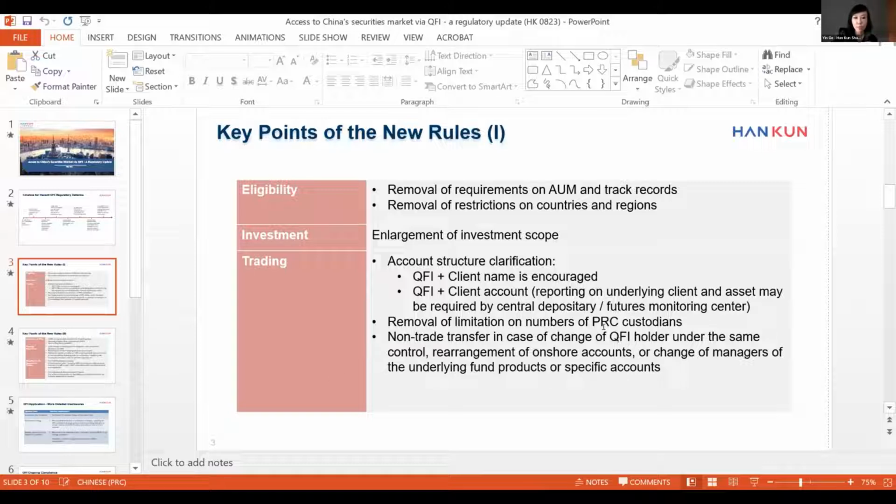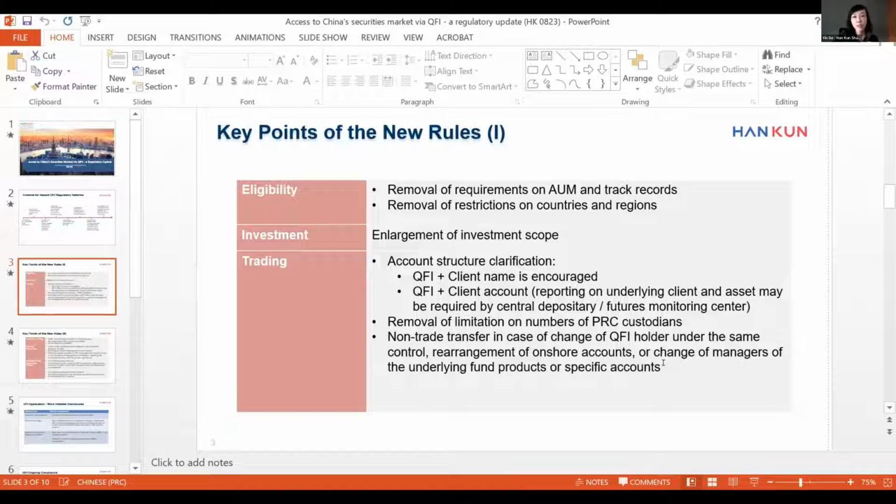For example, the minimum AUM requirement and the minimum track record requirement. And also it has removed the restrictions on the countries and the regions. So no discrimination at all. Applicants from all over the world are generally welcomed.